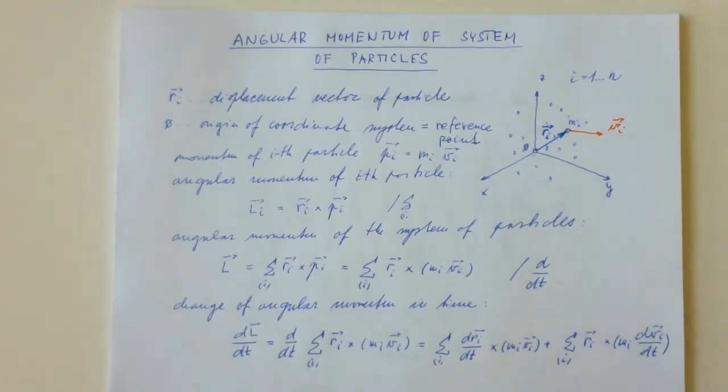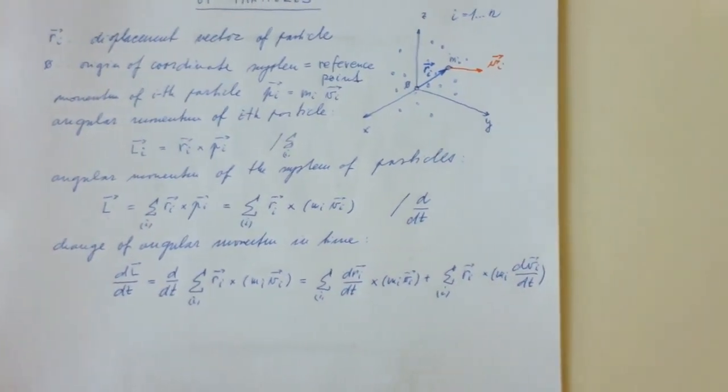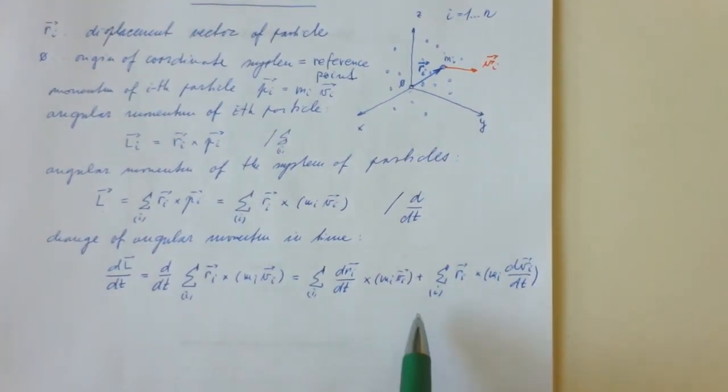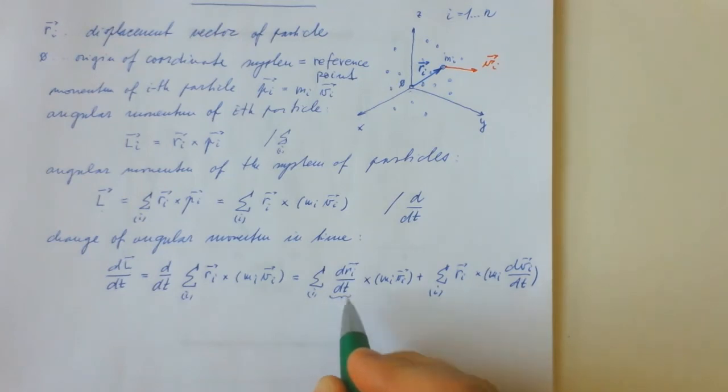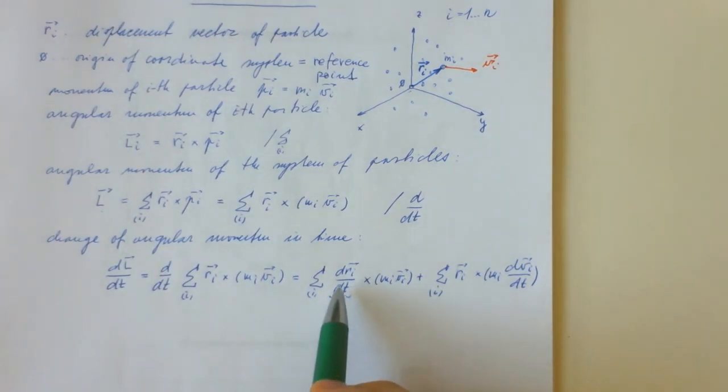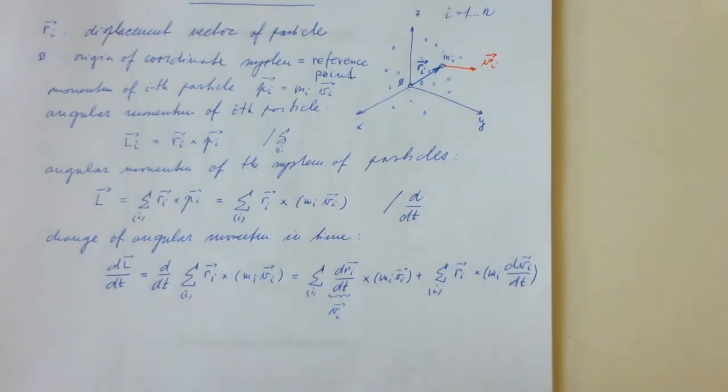Now we can make a short analysis of this result. So dr over dt is the time derivative of the displacement vector, which is nothing but velocity.